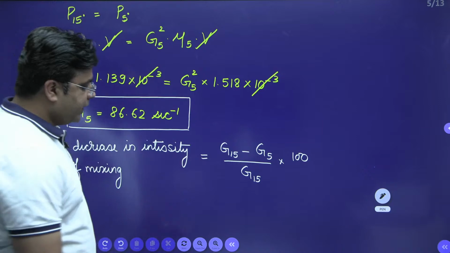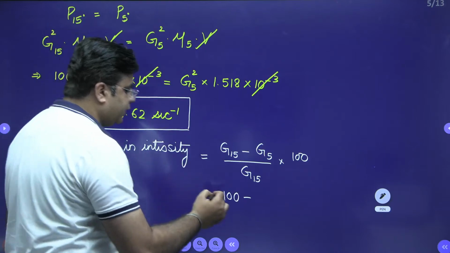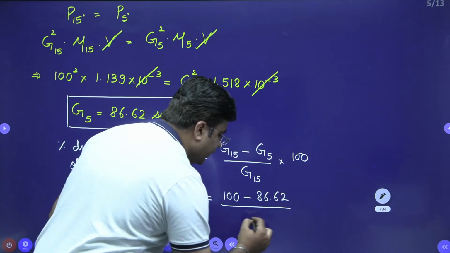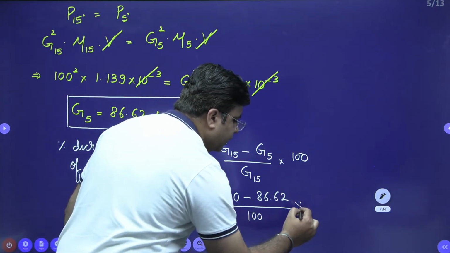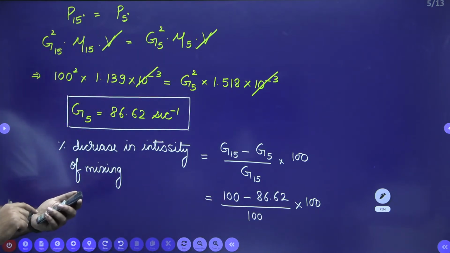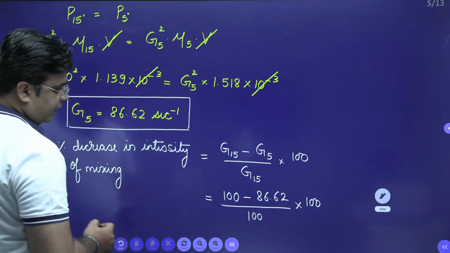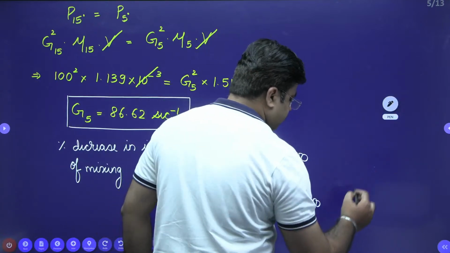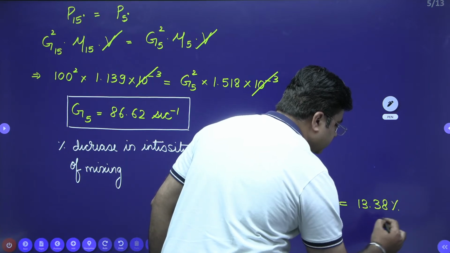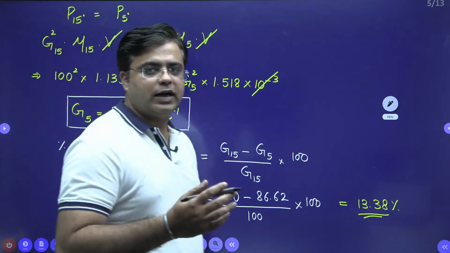So G at 15 degrees Celsius is given as 100. G at 5 degrees Celsius we have just now calculated 86.62. This is 86.62 divided by 100 and multiply by 100. So from here directly you will get the value of percentage decrease. So this is 100 minus 86.62, which comes out to be 13.38%. This is the percentage decrease in the intensity of mixing, and this was asked in the question, right?